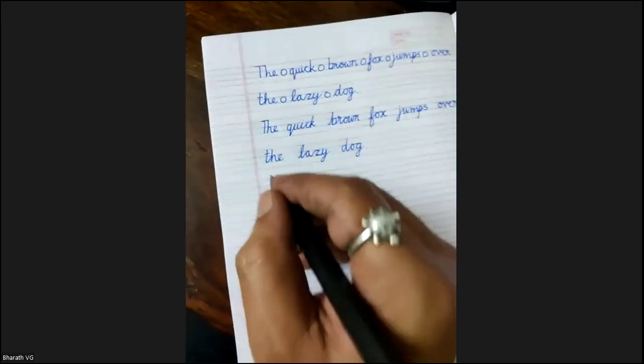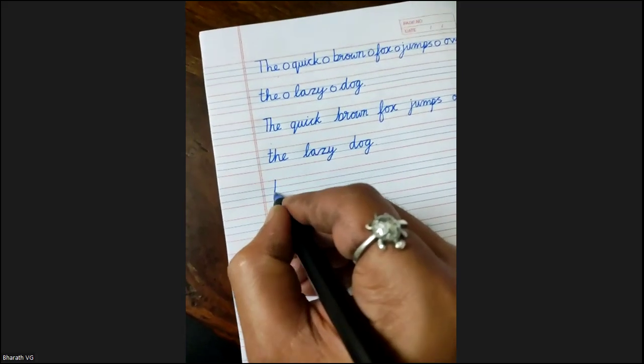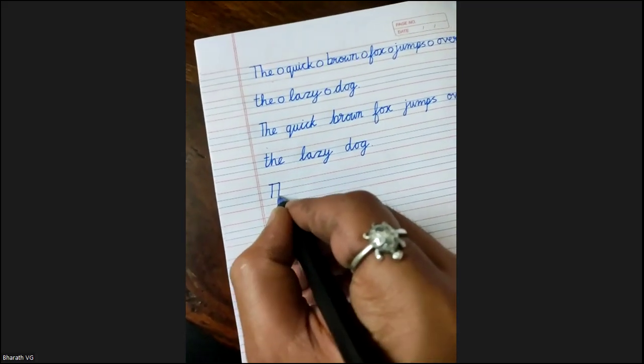This is cursive writing. If you are a split or a print writer, you have to write like this.